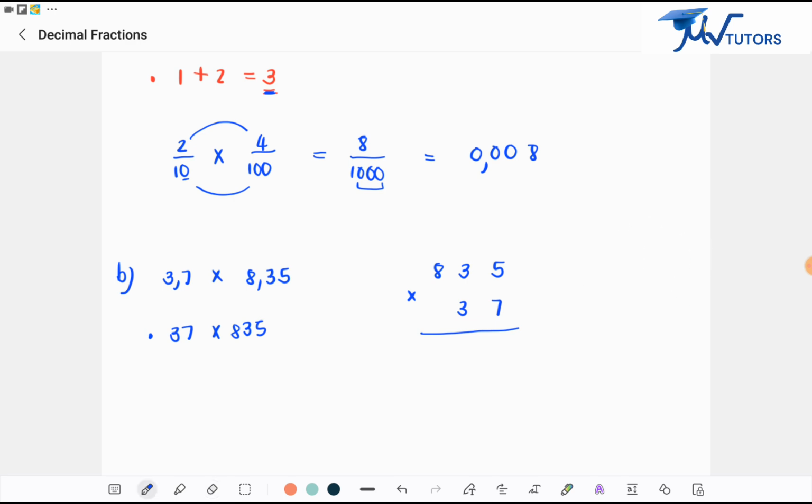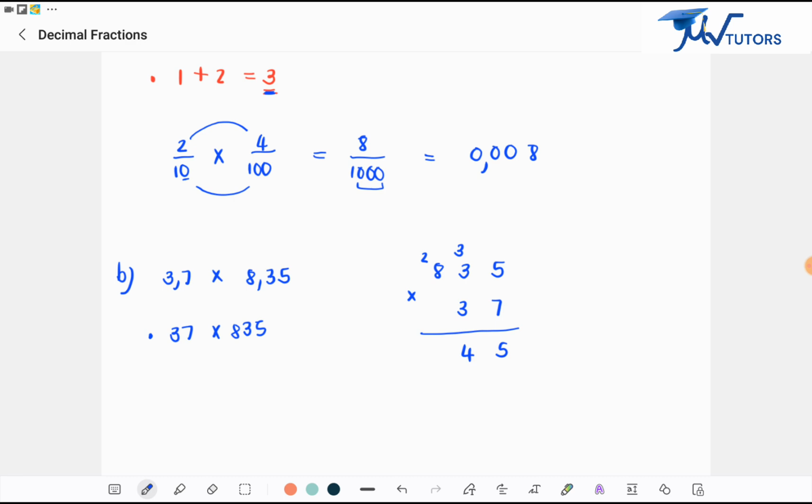Okay, firstly, I'm going to multiply 835 by 7. So 5 times 7, that is 35. Remember, we're not using calculators here. Okay, 3 times 7, that's 21. 21 plus 3 is basically 24. Then we carry the 2. 8 times 7. Oh, now that's where you can check, do you know your multiplication?